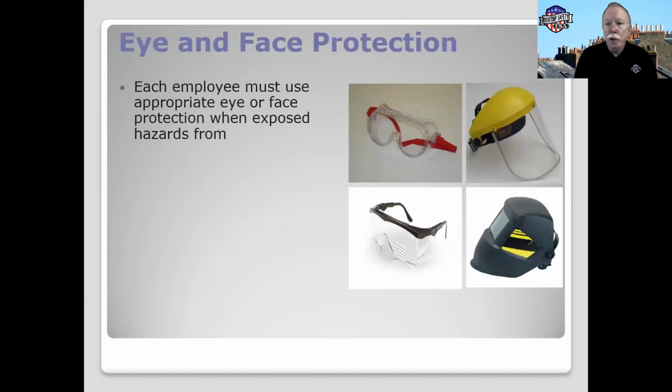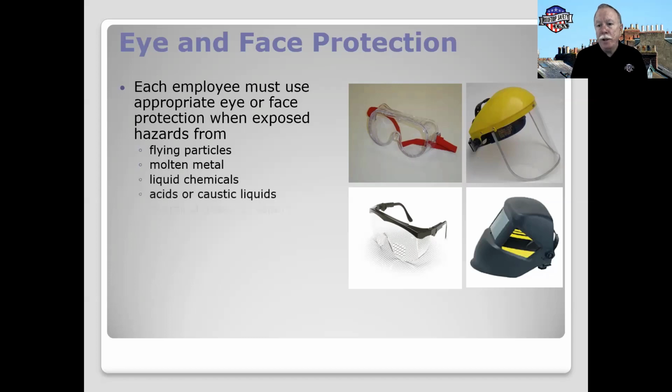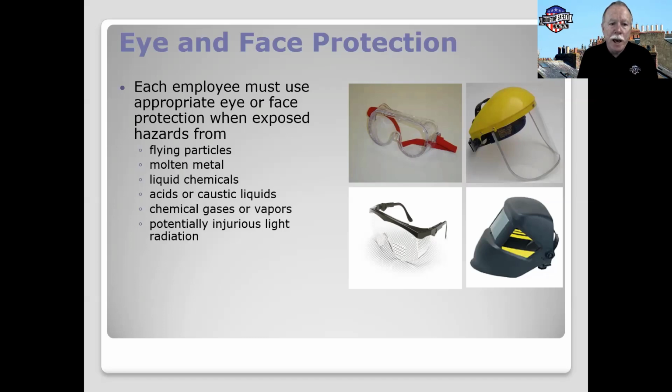So let's look at some of the various types of PPE that we can use. Eye and face protection is important in our industry. Things falling down chimneys, hunks of mortar, or things that we're grinding and chipping, brick dust, all of that stuff can be a hazard.